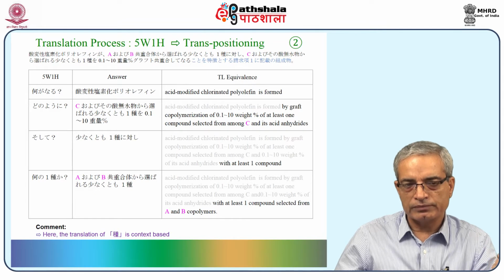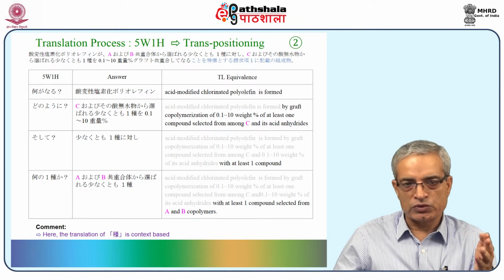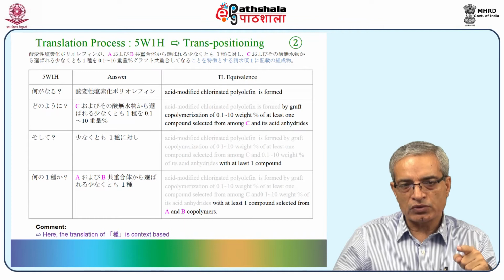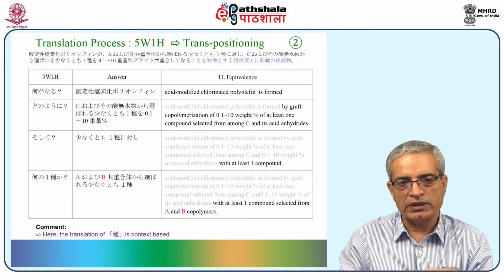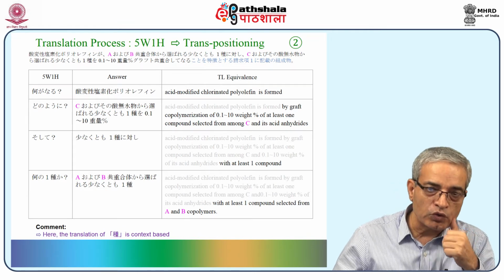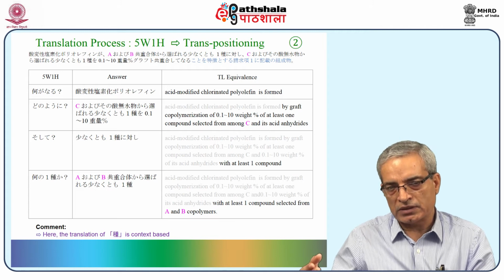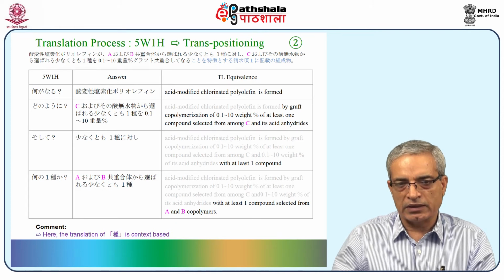Now again, let's do the transpositioning. Okay, first question. Nani ga naru? It's acid modified chlorinated polyolefin. So that's acid modified chlorinated polyolefin is formed. Dono yoni? So the translation is formed by graft copolymerization of 0.1 to 10 weight percent of at least one compound selected from among C and its acid anhydrides.